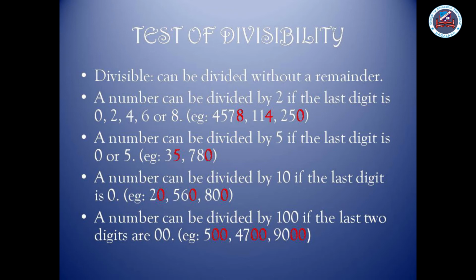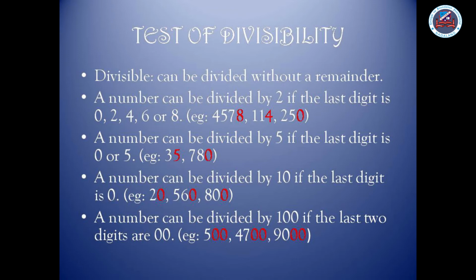A number can be divided by 5 if the last digit is 0 or 5. Example, 35. The last digit is 5, so we can divide 35 by 5. 780. We see here the last digit is 0. This means 780 can be divided by 5.